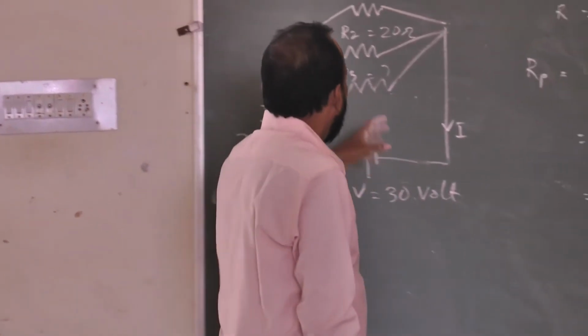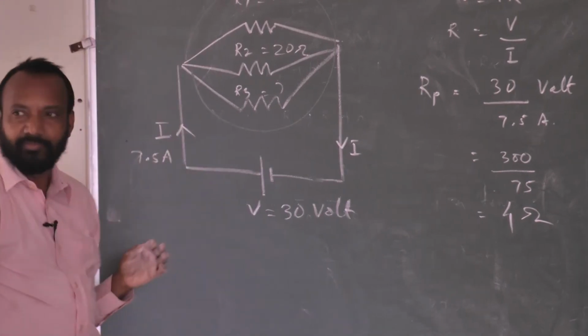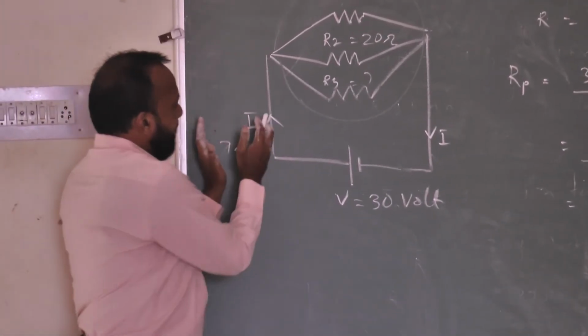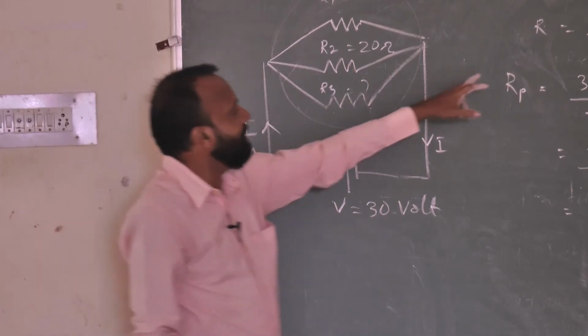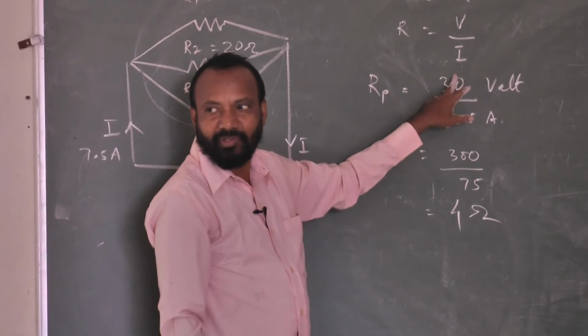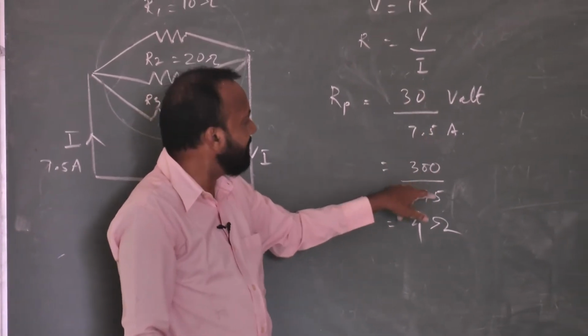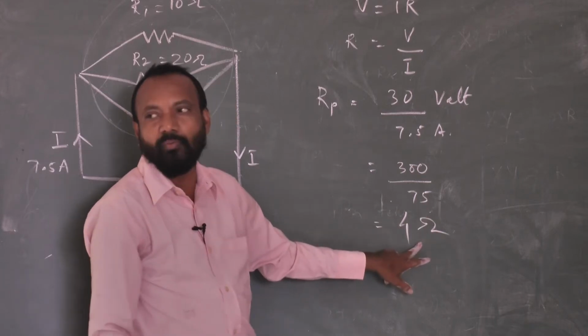So this total is the parallel combination. Current is given, voltage is given, so the resistance is V by I, which is 300 by 75, that is 4 ohm.